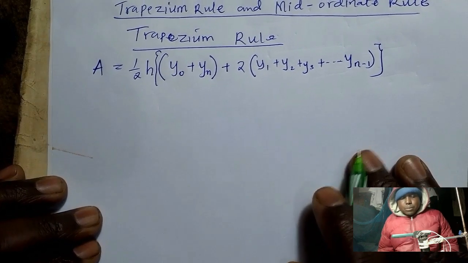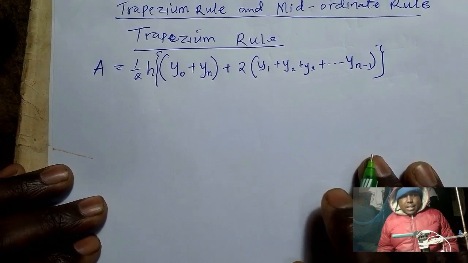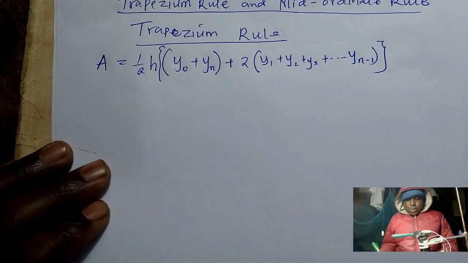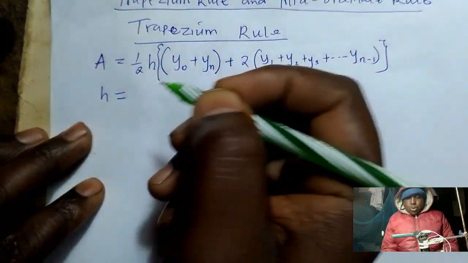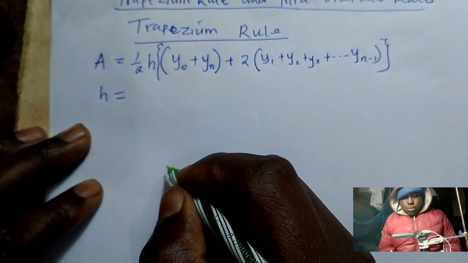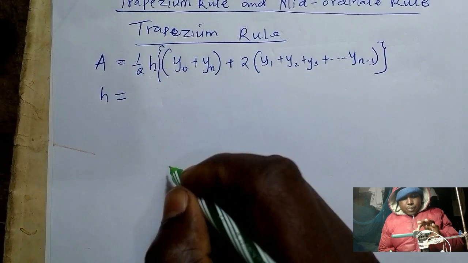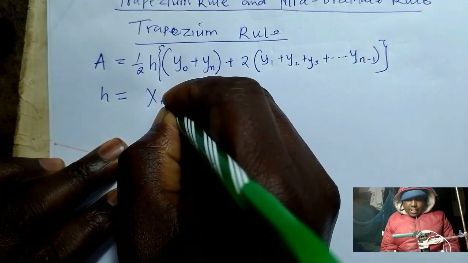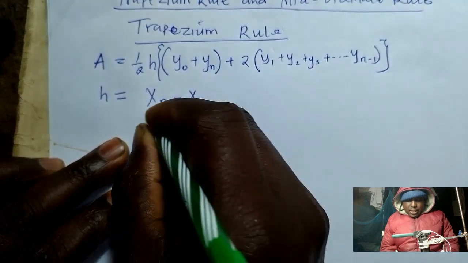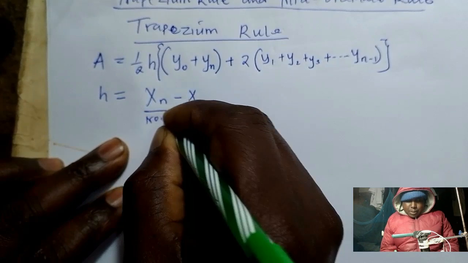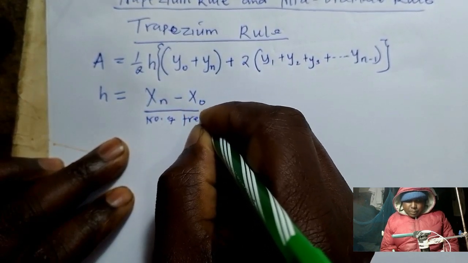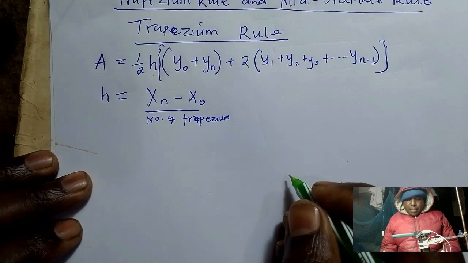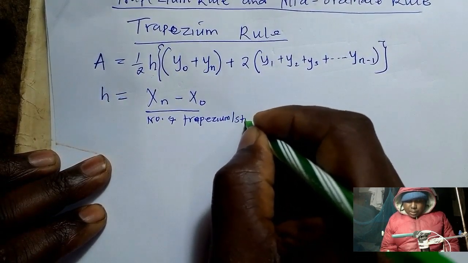But now, one thing we must be very clear about is the height. How do we get the h? Very important now. h is equal to (xn minus x naught) divided by the number of trapeziums, or number of strips.